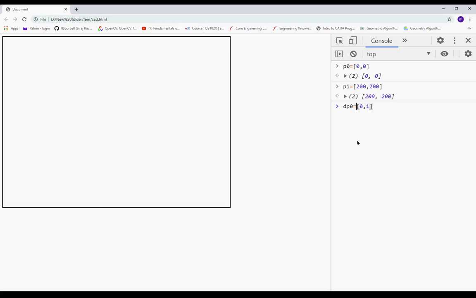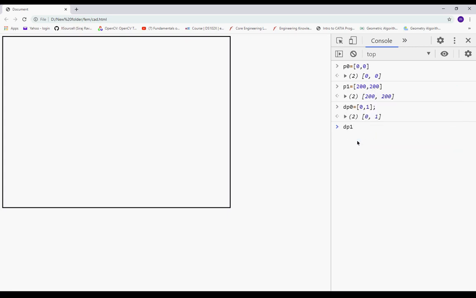So the tangent vector is parallel to the y-axis. If you provide 0.5, 0.5, that means the tangent vector is inclined by 45 degrees. In this way you can calculate. So this first factor represents delta x, and the second factor represents delta y.